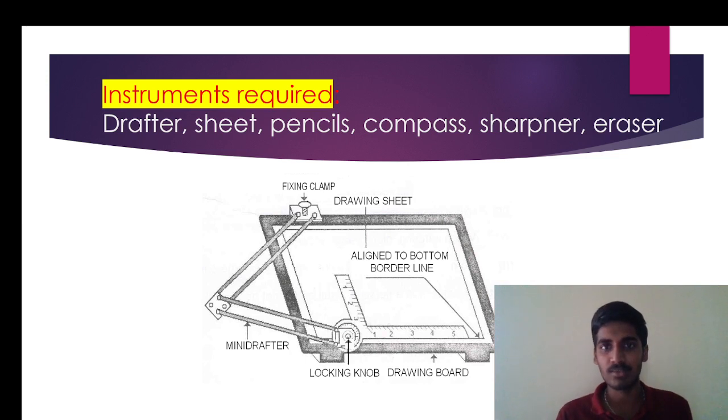If a question is given like draw a circle, that circle will be drawn with the HB pencil. Whereas the construction, like your diameter, radius, representation of numbers, whatever it is, should be done with H or 2H pencil. Again, you should use the compass for drawing circles, and a sharpener and an eraser for erasing.